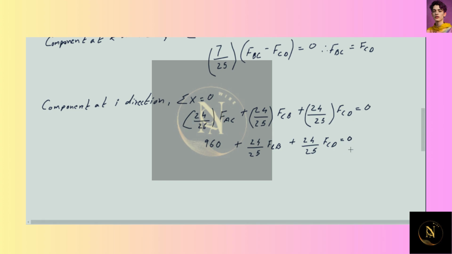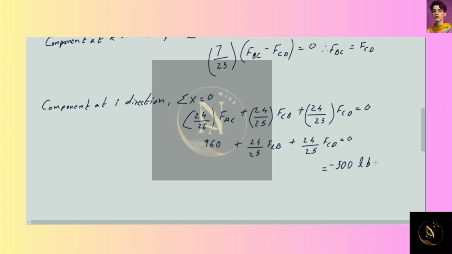So the right hand side will be 960 into 25 by 24, that will be minus 960. So minus of 960 into 25 by 24, that is 500 lb.